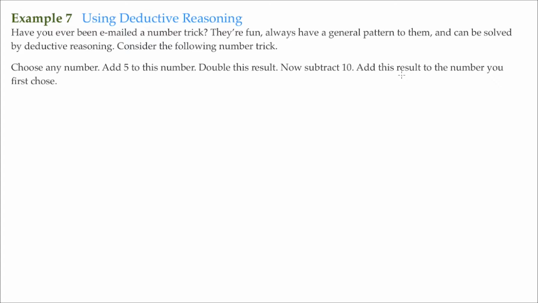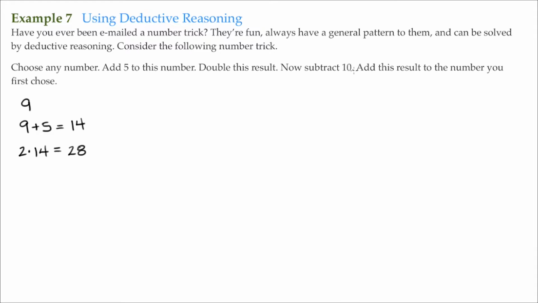So I'm going to test this. I'm just going to pick a number and run through this and see what the results are. How about if we start with 9? Choose a number, 9, add 5 to this number. 9 plus 5, that's 14. Double this result. That'll give us 2 times 14, it's 28.